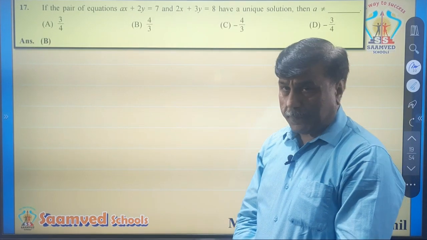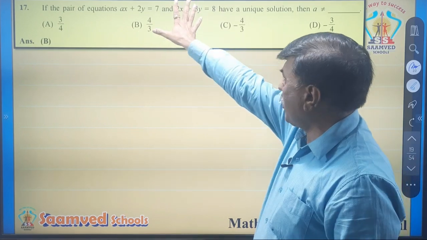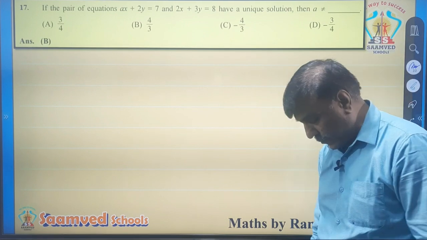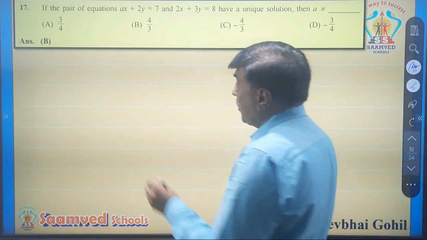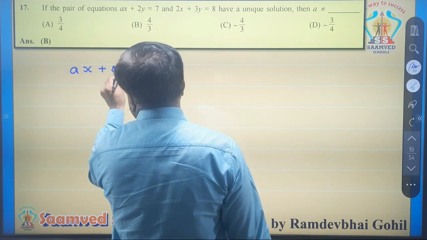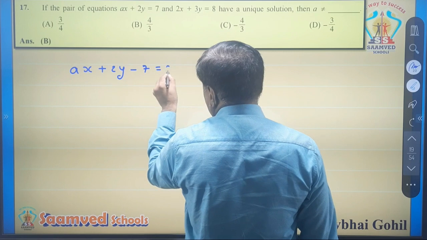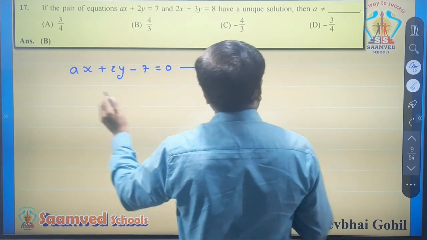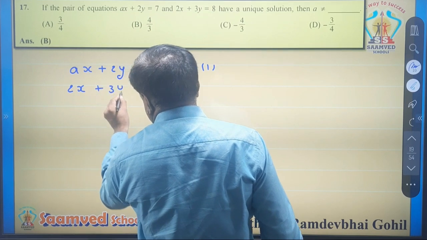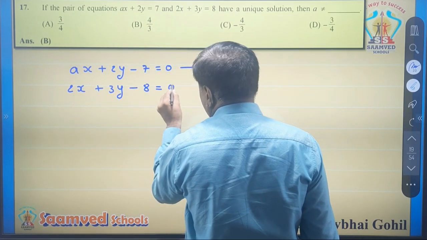Number 17. If the pair of equations given has a unique solution. Again, theory. There are two equations: ax plus 2y minus 7 is equal to 0, this is the first equation, and the second equation is 2x plus 3y minus 8 is equal to 0.